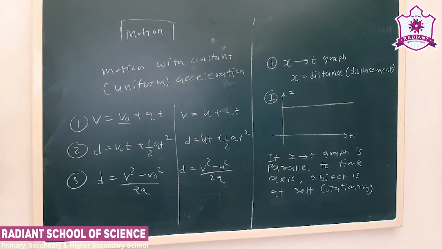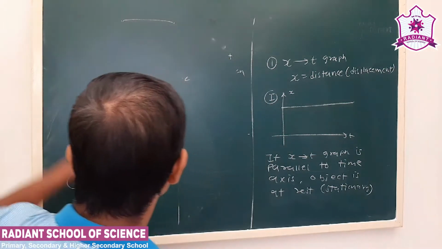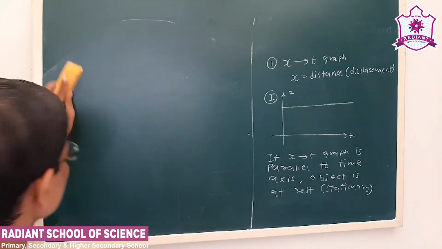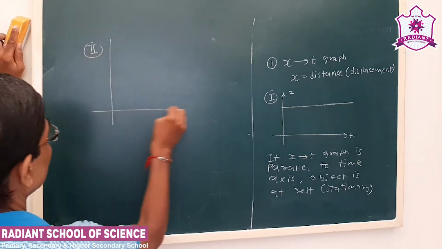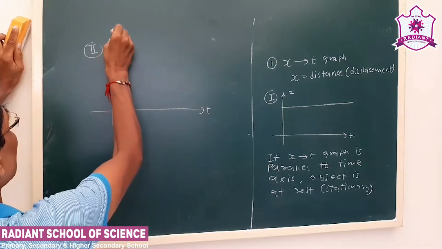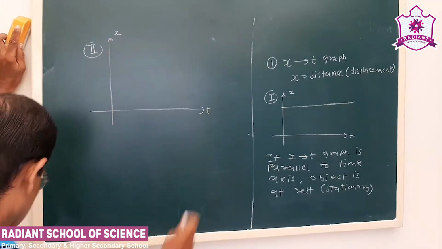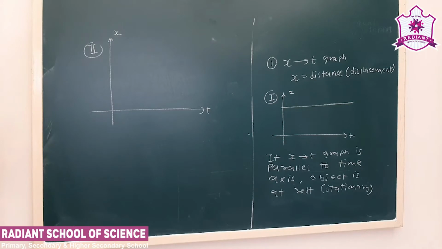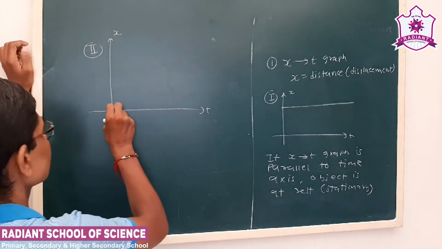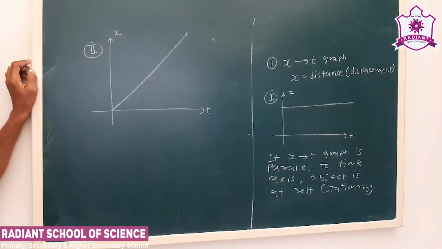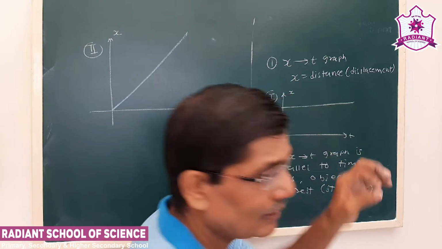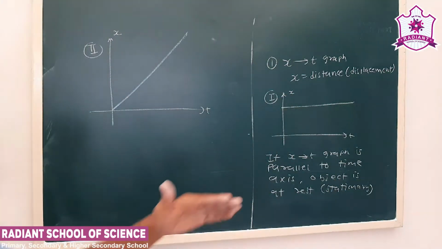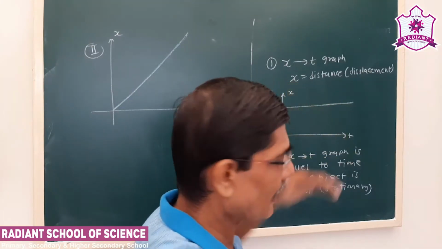Now, second graph. This is again an x versus t graph. This is also a straight line, but just to differentiate, we have taken the earlier one as a line parallel to the time axis.